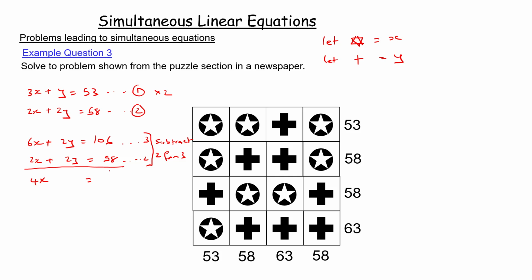And 106 minus 58 gives us 48. Yep, good. That means x is going to be equal to 48 divided by 4, which is 12. So if x is 12, I can sub that back into the first equation.